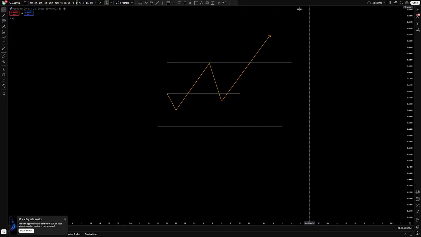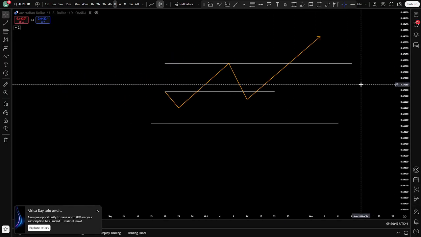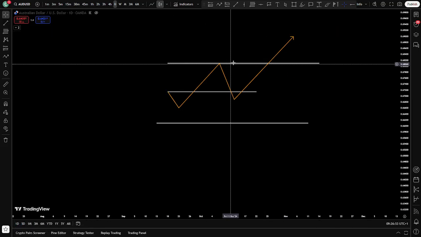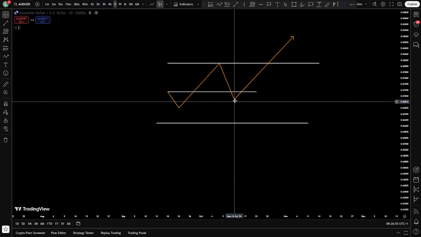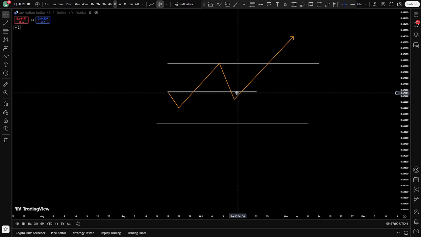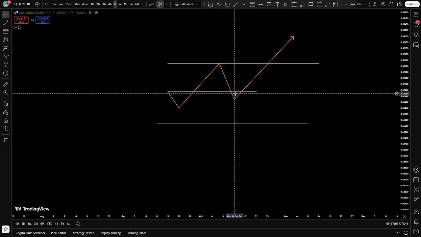Hold on, guys. The origin is usually an area of high liquidity but low volume.